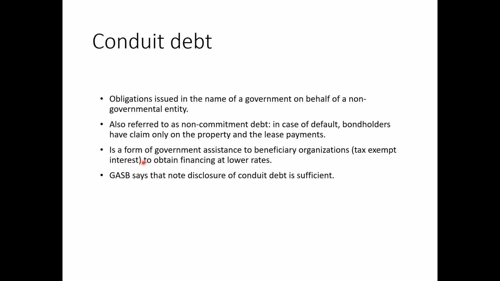So usually we can issue those bonds at a really low interest rate. So the GASB says we need to disclose conduit debt, and that's it. It's not the government's own debt. They just help other people to get a low rate.